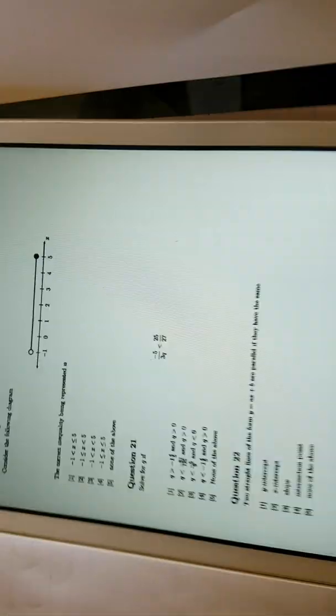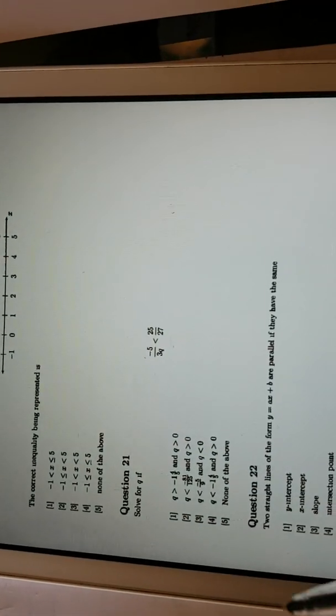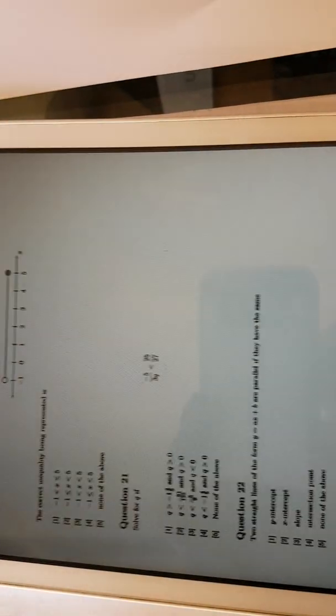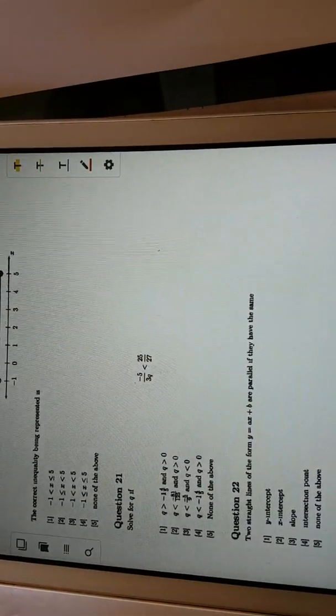So the correct option here will be option number 1. Q is equal to, no, option number 1 will be wrong, so it's gonna be option number 2. Q is less than what? Q is less than negative 1 over 5.